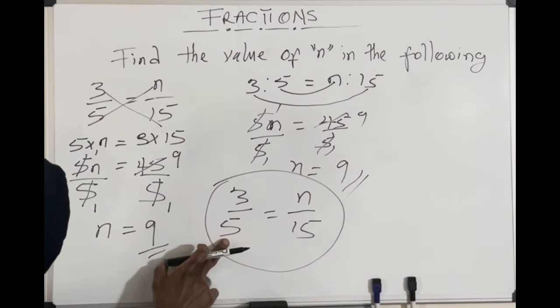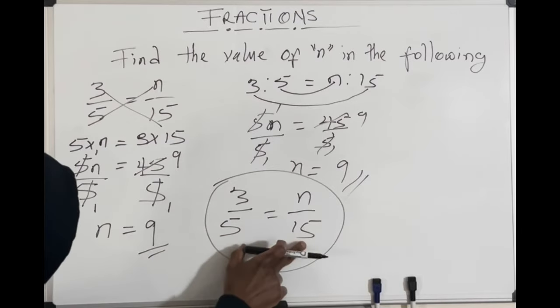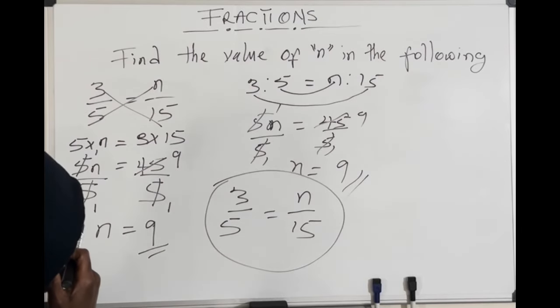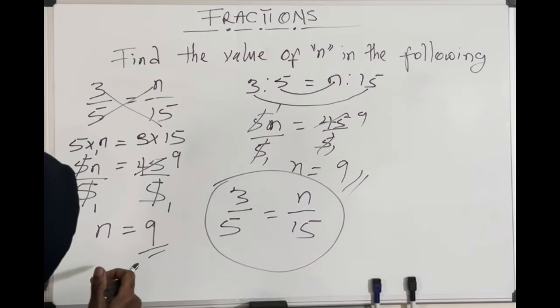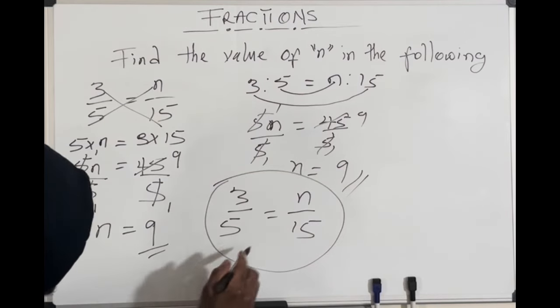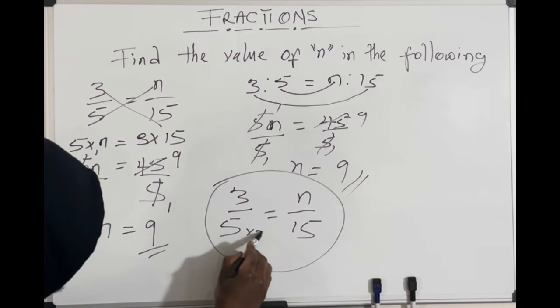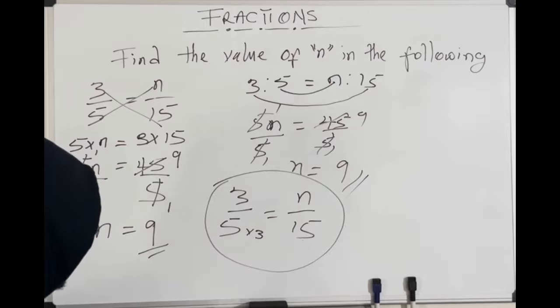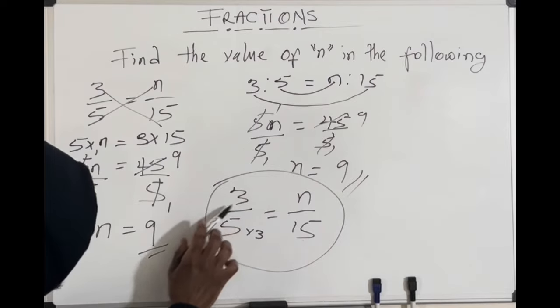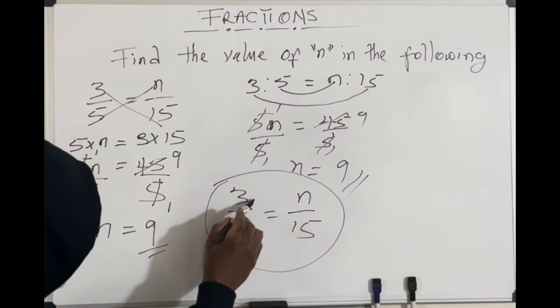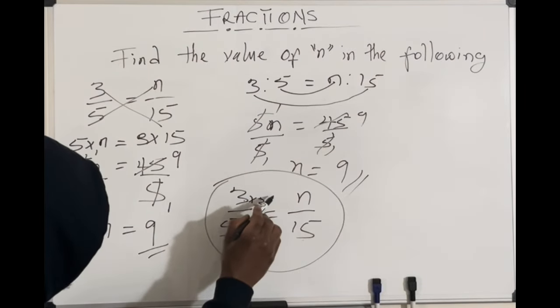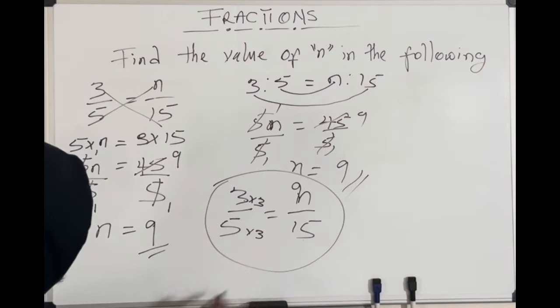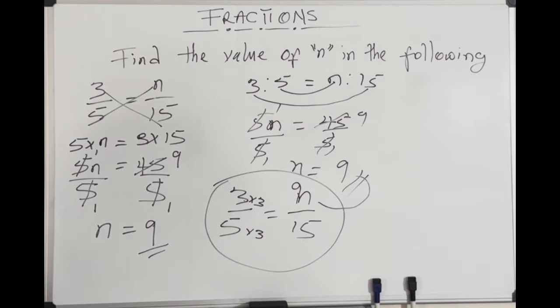What number was used to multiply 5 to get this 15? 5 times 3 is 15, so we multiplied by 3. The same number can be multiplied to get the n. So 3 times 3 is 9, so n is 9. Quickly you get your answer, you pick it and move on. That is the fastest way to go about this.